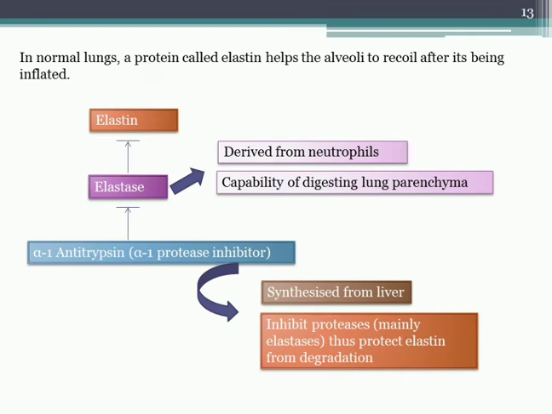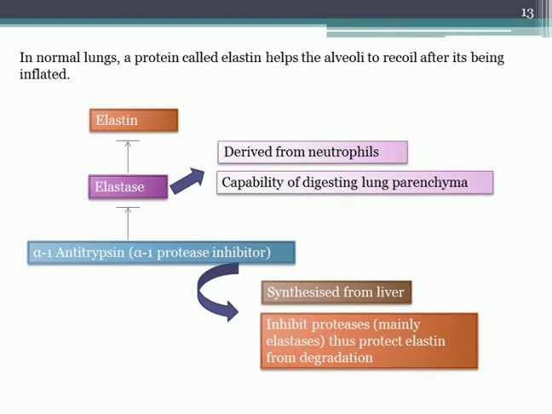This elastase is inhibited by an anti-elastase called alpha-1 antitrypsin, otherwise called alpha-1 protease inhibitor. This anti-elastase is synthesized in the liver, and it inhibits the elastase from damaging the elastin.